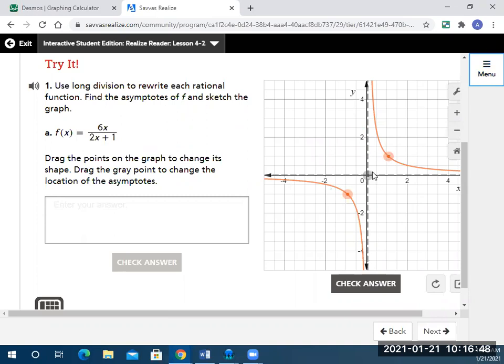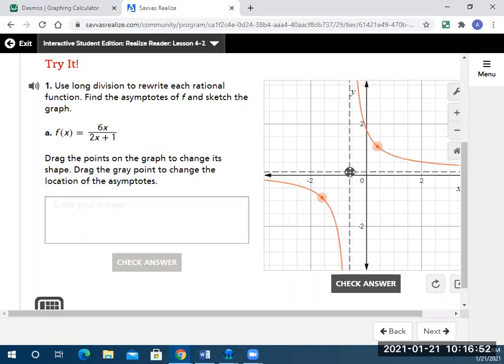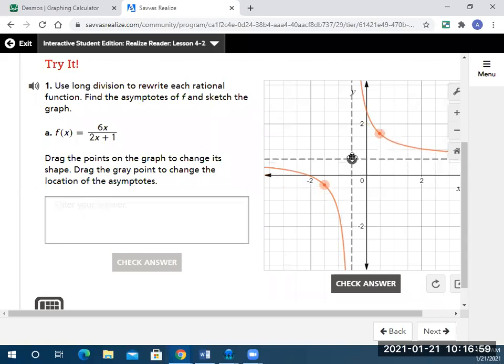So I'm going to move this to the left by 1/2, and then up 3.